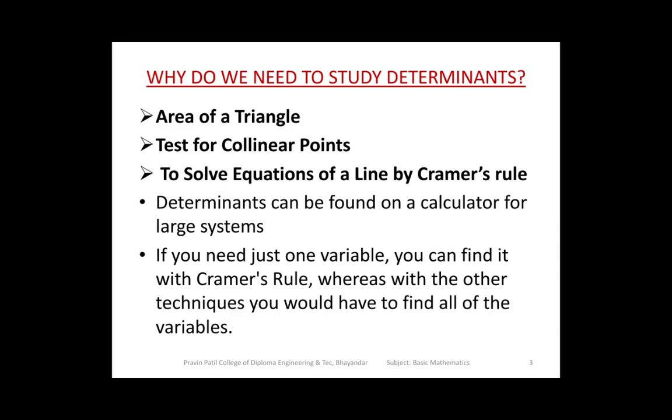The only thing you know about the triangle is its vertices. If just the vertices are given, then how will you find the area of that triangle? When the vertices are given, you can also find the area of the triangle by using determinants. See how useful determinants are. Only the vertices are given and you can find the area.